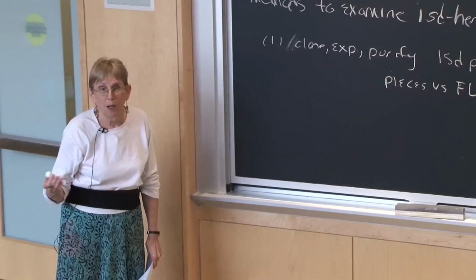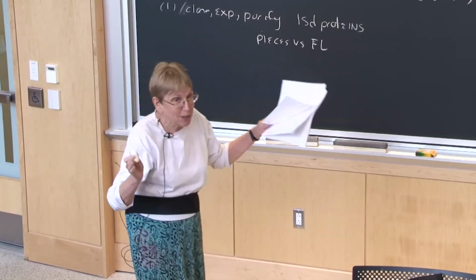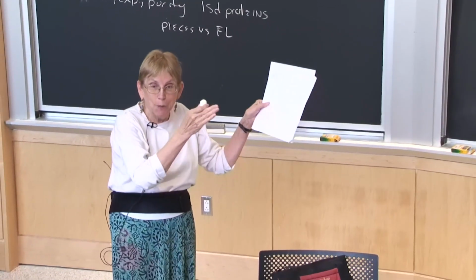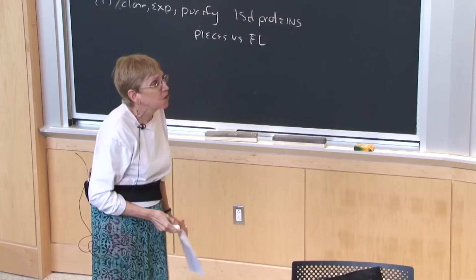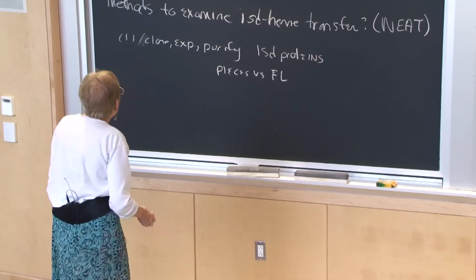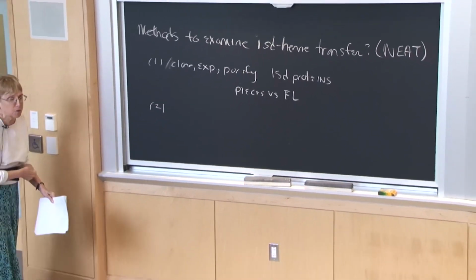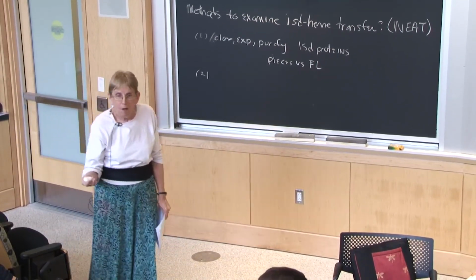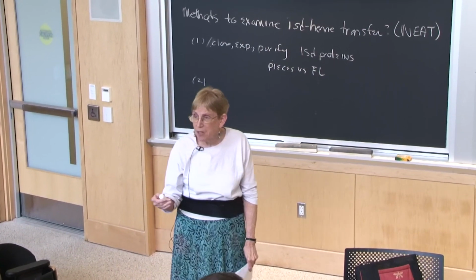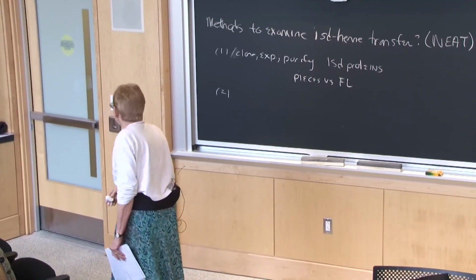In fact, I think in your problem set, I can't remember, but I think you did an experiment that compared one NEAT domain versus 2, and what the differences in the transfer were. So you can make these proteins, but when you make them, there is biosynthetic machinery to insert iron clusters, and there's also biosynthetic machinery to insert hemes.